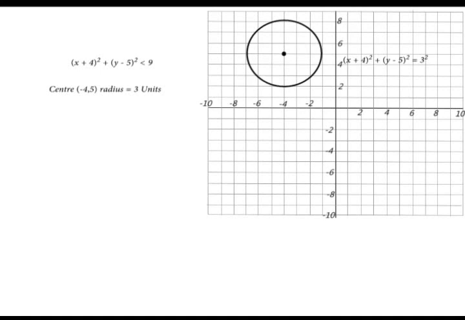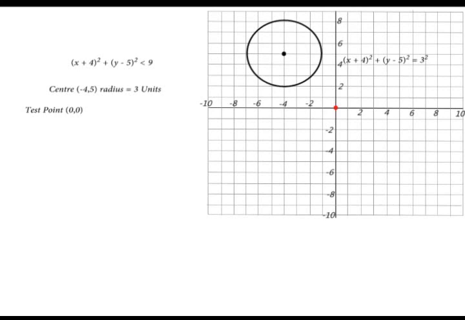We now need to know which side to shade, inside or outside the circle. We take a test point and substitute in the inequality. We take (0, 0). (0, 0) is outside the circle. So let's see if it falls within the required region.